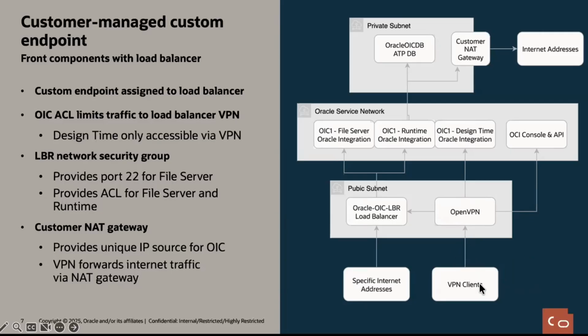Because if it goes from here around to the public internet, you'll be bypassing the VCN and you'll be denied access. So this is how you can control access to the design time of Oracle Integration.